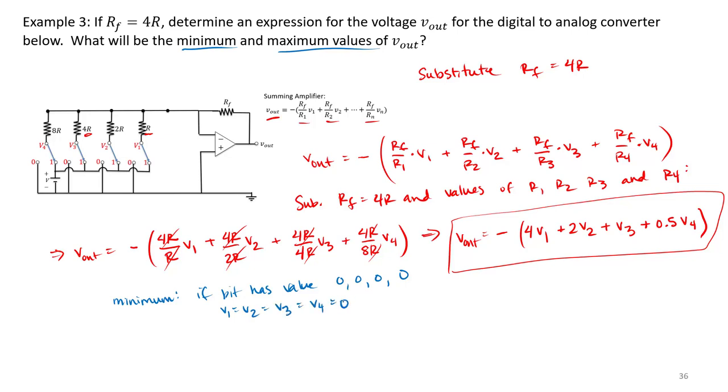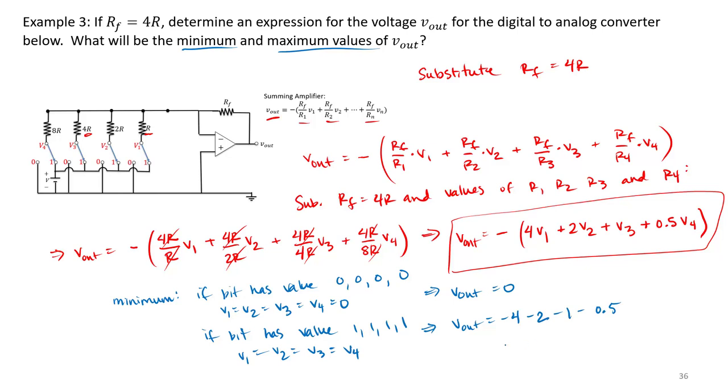If all of our voltages are 0, then V out will be 0. And then the maximum magnitude, well, if our bits have a value 1, 1, 1, 1, basically if V1, V2, V3, and V4 are all in the on position with 1, then we determine our V out is going to be negative 4 minus 2 minus 1 minus 0.5.